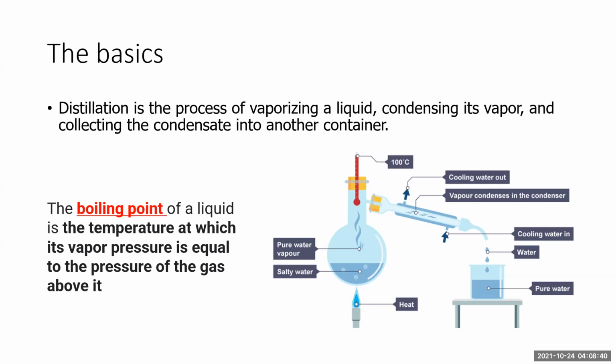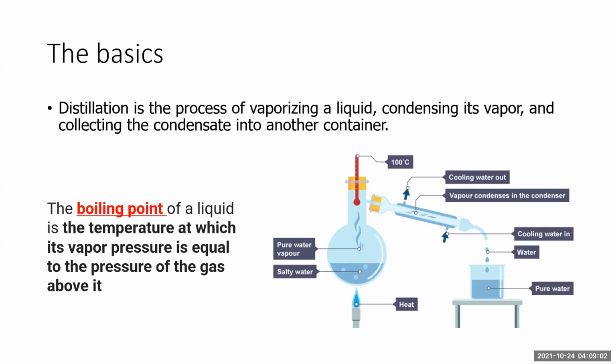So I want to review the definition of a boiling point. The boiling point of a liquid is the temperature at which its vapor pressure is equal to the pressure of the gas above it. So recall that there's atmospheric gases, and those are pushing down on liquids, creating an external pressure.